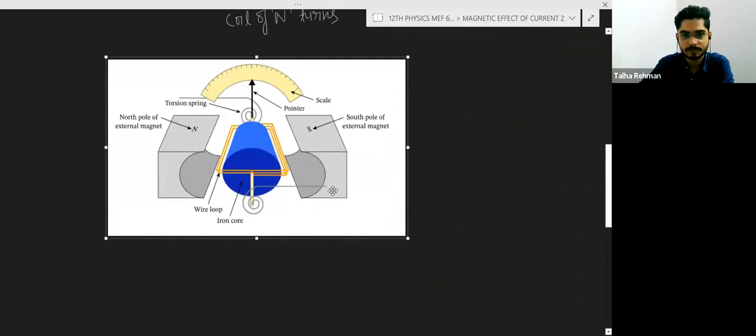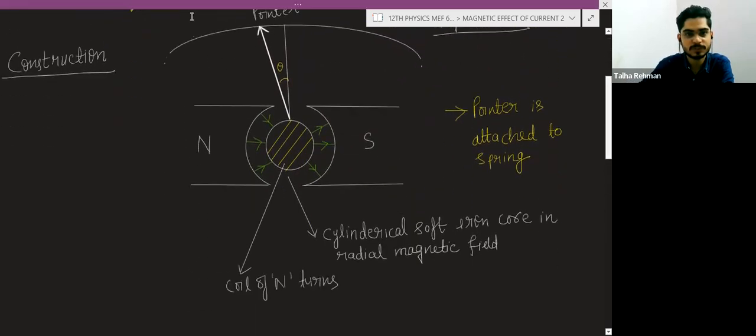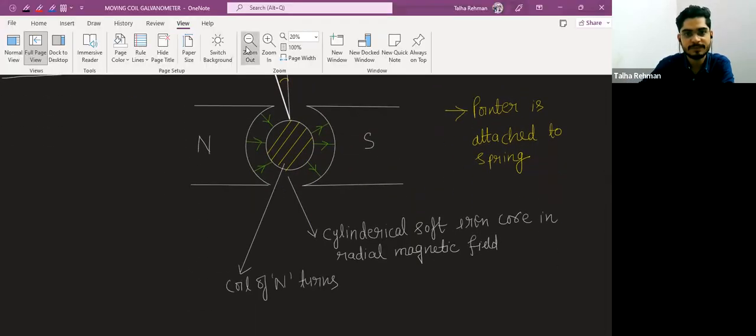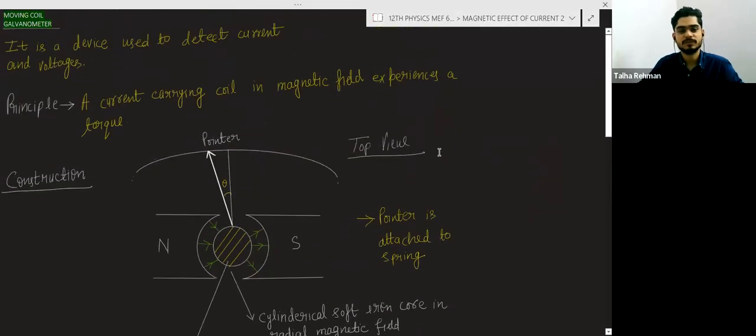Removing this diagram. First draw this, then we will discuss other parts of this topic. In examination, if you draw this, you will get full marks. You can draw only the top view.